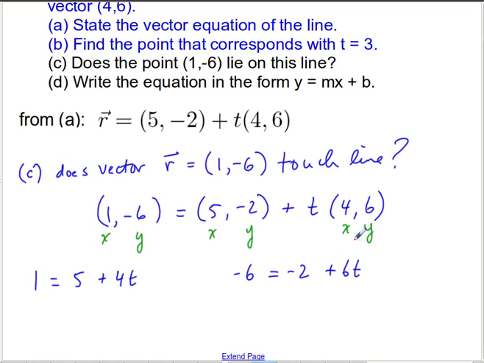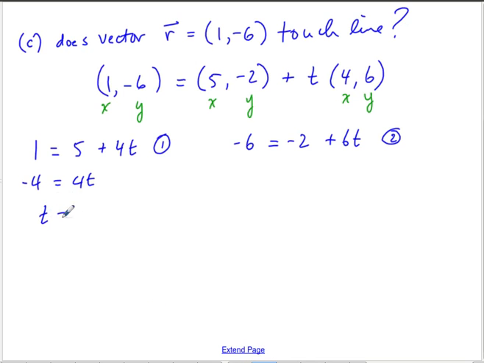I have two equations here, and I have to make sure that it actually works for both of them. Which one looks easier to solve? They're both pretty much the same. Actually, no, if I call that equation 1 and that equation 2, this first one looks a little simpler. I get negative 4 is equal to 4t, and I get t equals negative 1.